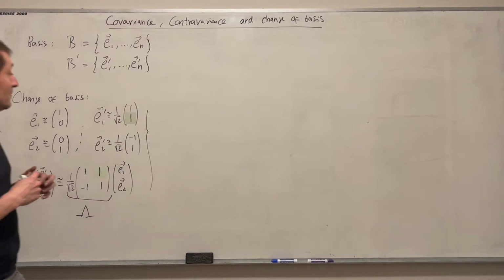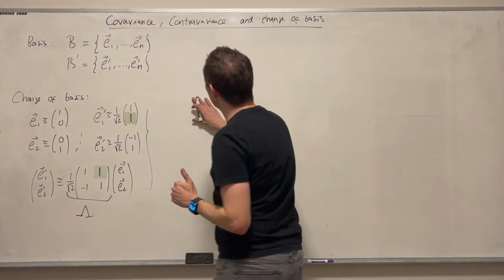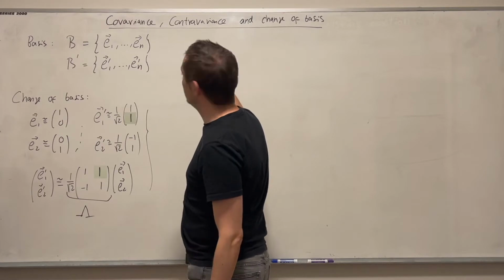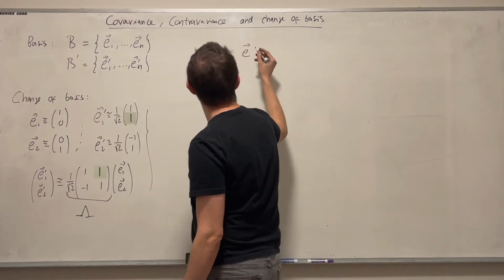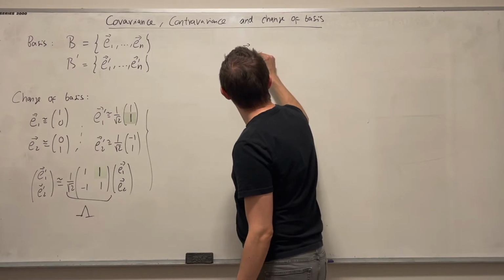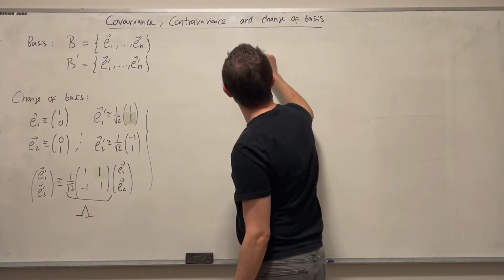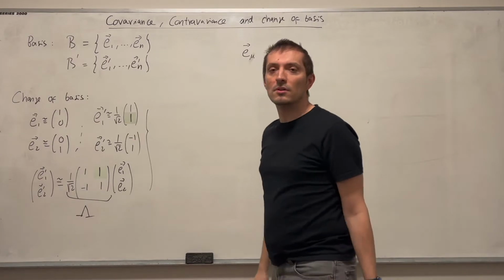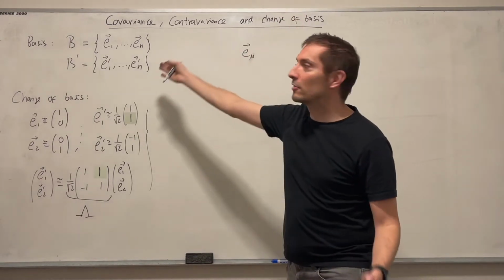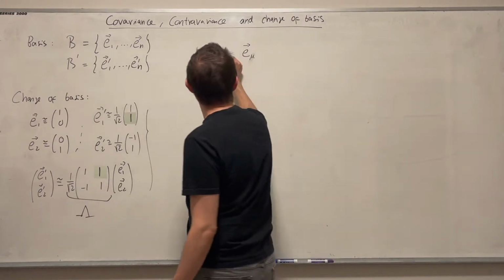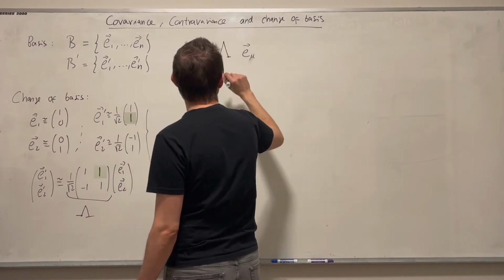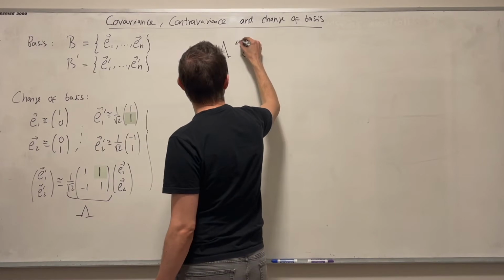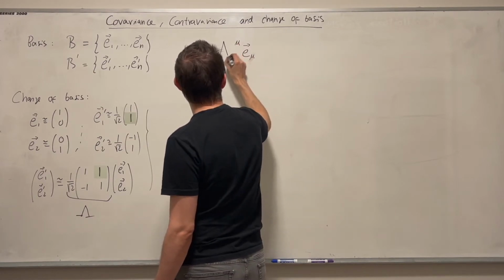Right, in general, we can write in index notation. We can talk about this object, which has an index down. Let me write Greek indices just for fun. E mu is the muth vector of the old basis, and that gets mapped through some linear operation, and this linear operation is going to contract that index mu and return an index nu.